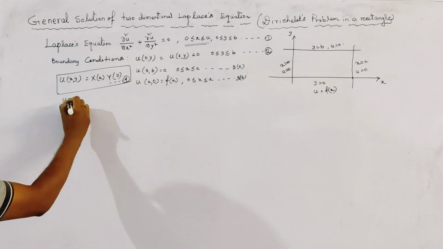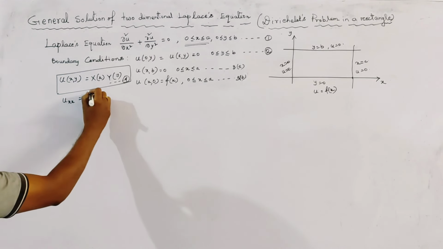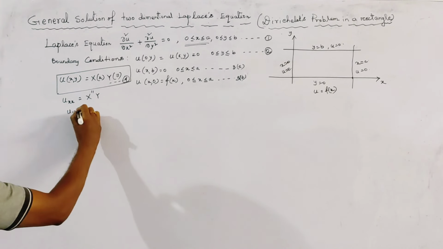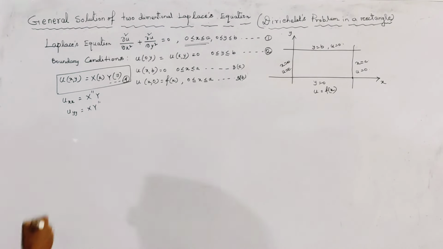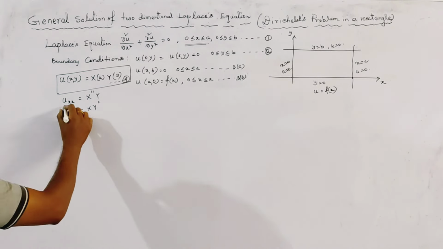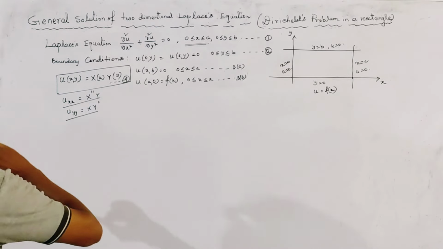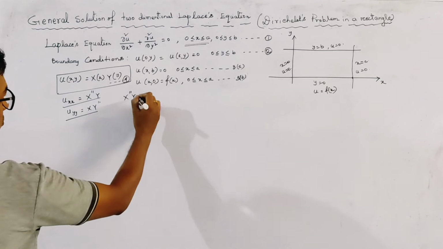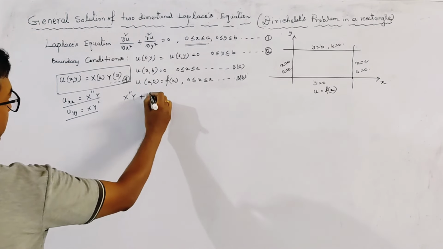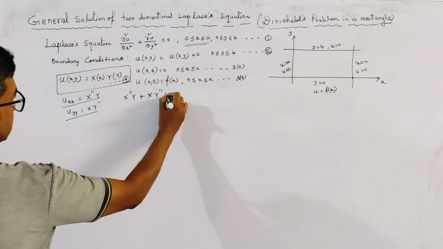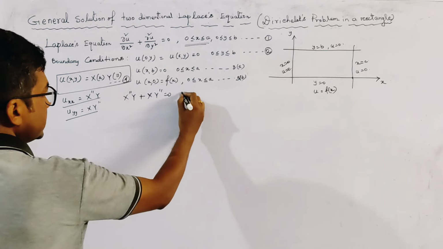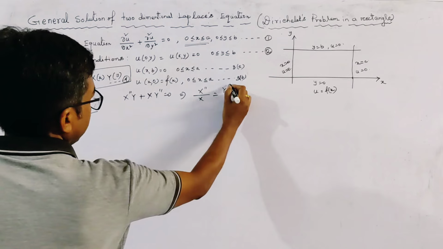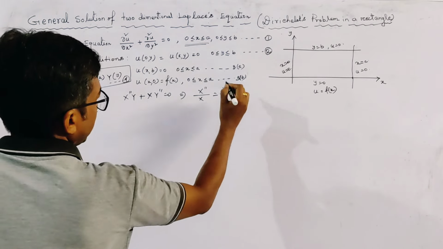We get u_xx = X''Y and u_yy = XY''. Putting the values of u_xx and u_yy, we get X''Y + XY'' = 0, and this relation gives X''/X = −Y''/Y.